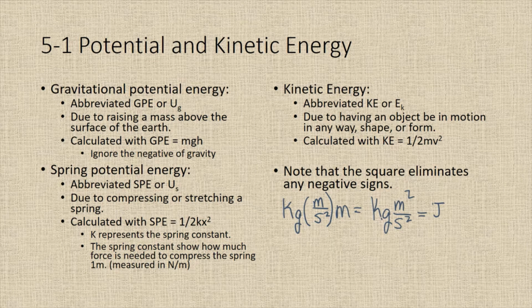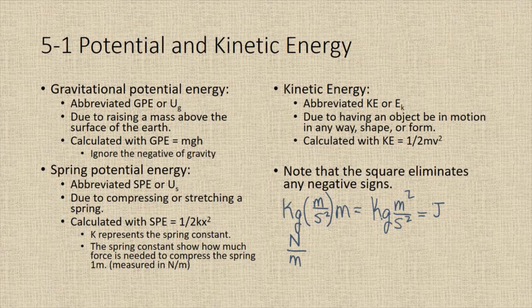For spring potential energy, abbreviated SPE or capital U with a subscript of an S, this comes from stretching or compressing a spring. We calculate it with the formula spring potential energy is equal to 1/2 kx squared, where k represents the spring constant in newtons per meter.